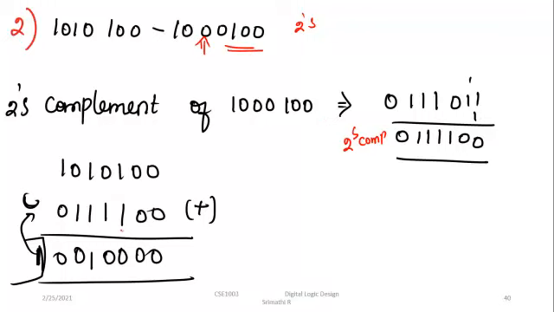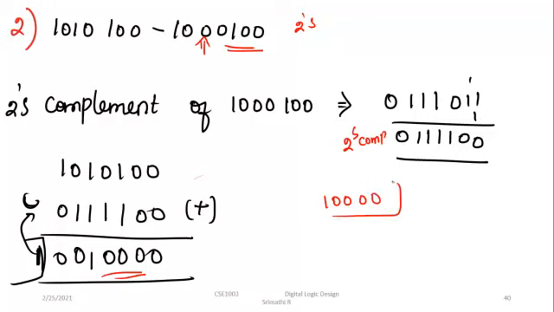After that you add. If after addition there is a carry, leave the answer as such. This will be the answer.